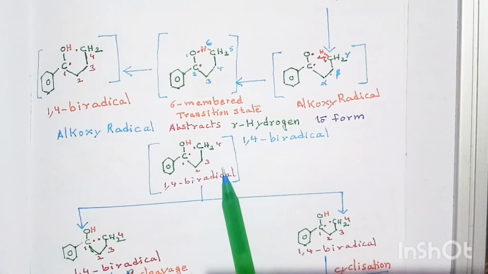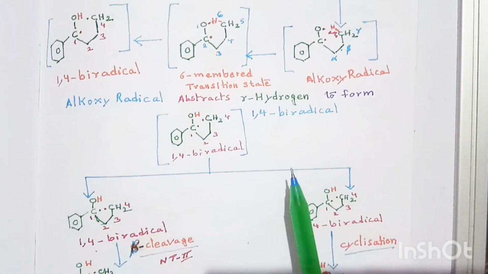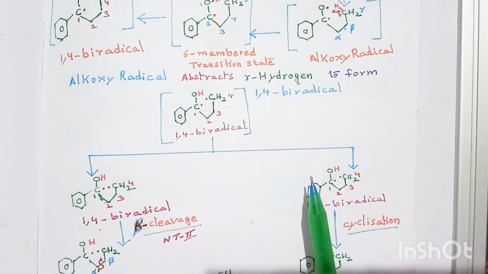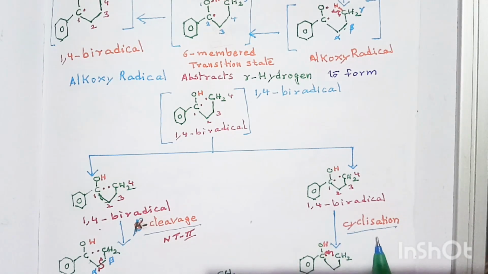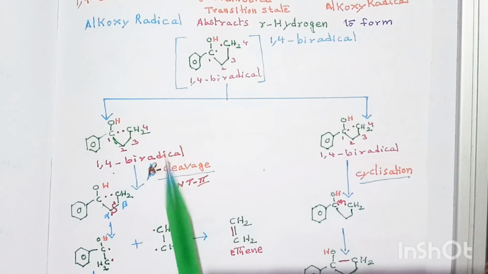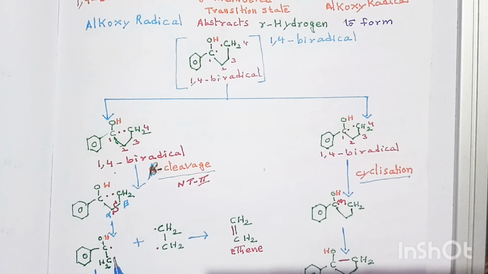This 1,4 biradical can undergo 2 types of reactions. One is beta cleavage, the other is cyclization. Beta cleavage means the bond between alpha carbon and beta carbon cleaves homolytically to give us a radical on one alpha carbon, one on beta carbon.